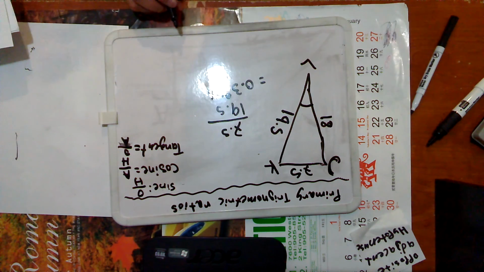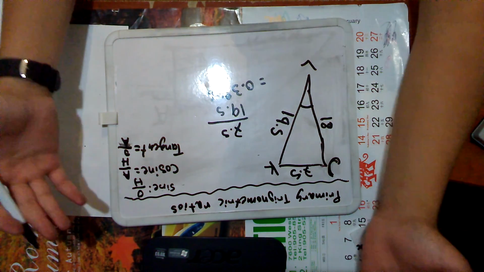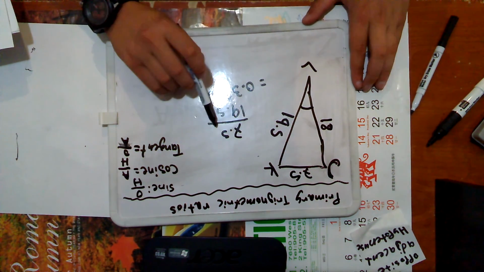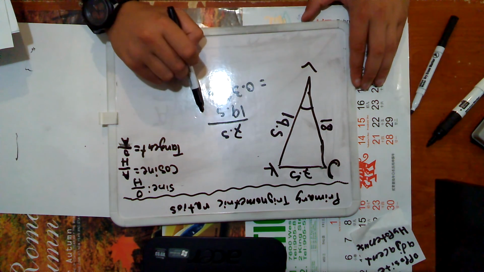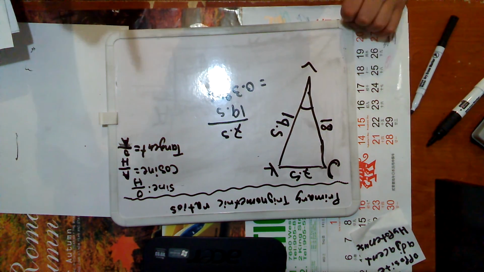Since we got that, we are done. Now we know the relationship of sine. What is sine of this triangle? Opposite over hypotenuse: opposite 7.5 over hypotenuse 19.5 equals this.